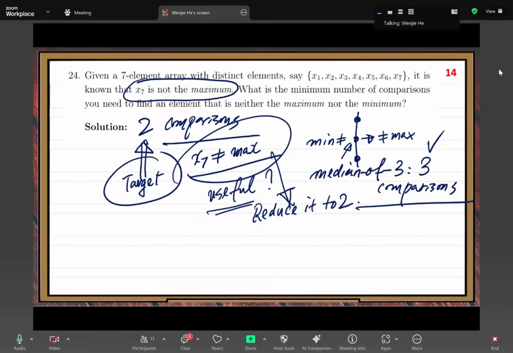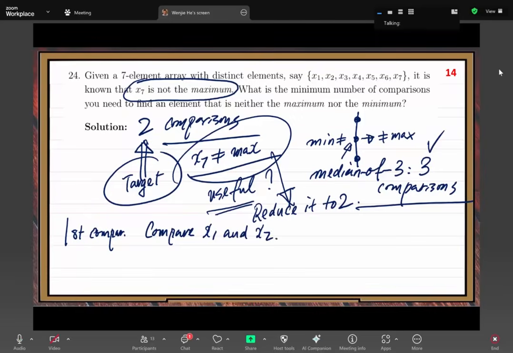All right, so let's do it. Now, your first comparison: compare x1 and x2.